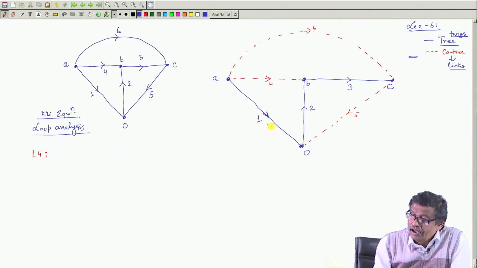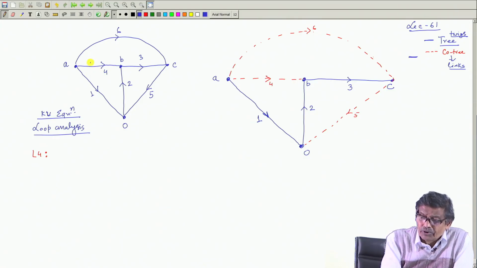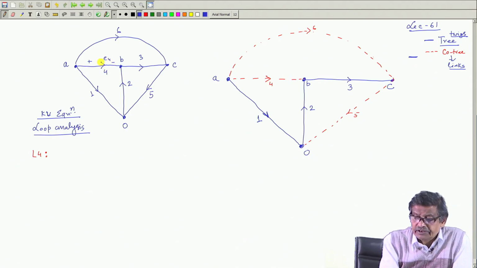For example, 4, 2 and 1 will be a closed loop. Forget about this tree business, come here to the actual circuit. This will be one loop. Now, in this loop, the sum of the voltages is zero, and this is true for all the branches. This is the direction of the current.